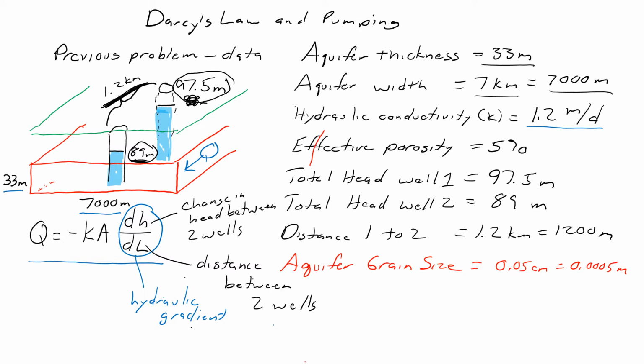Units can vary, but it should be a volume divided by time, equals the hydraulic conductivity, which varies from aquifer to aquifer, times the cross-sectional area. If you have a bigger area, more water is going to be able to move through it. That's why Q and A are directly related. And then times the hydraulic slope that we have right here.